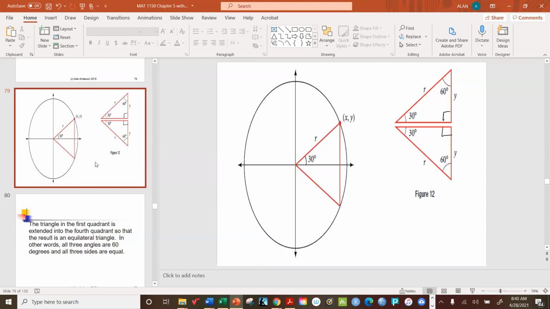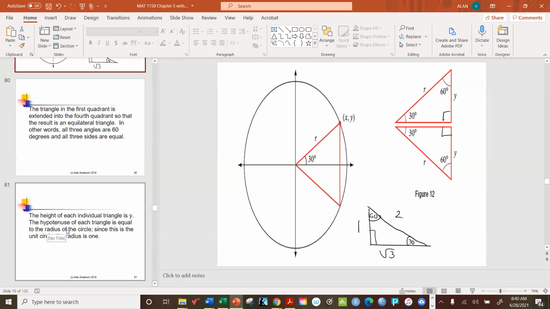You remember those? That would be the infamous 1, 2, radical 3 right triangle. You might recall that. If not, that's okay. We'll get to it.